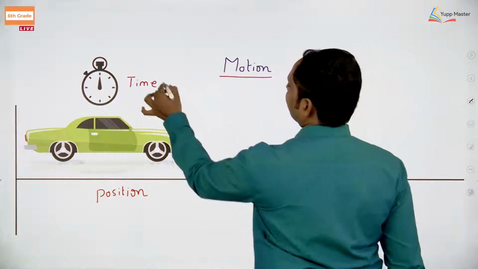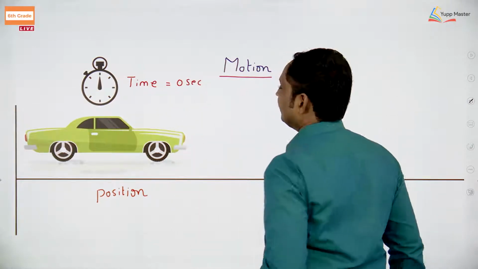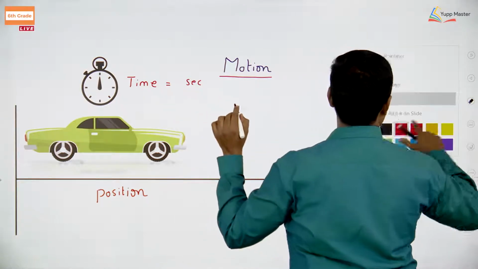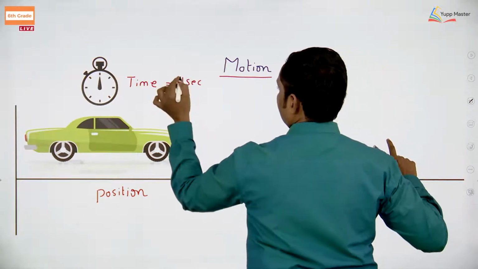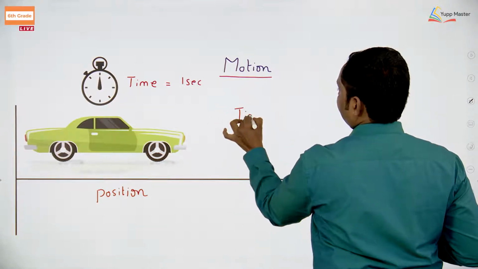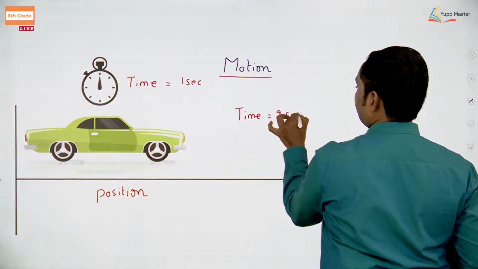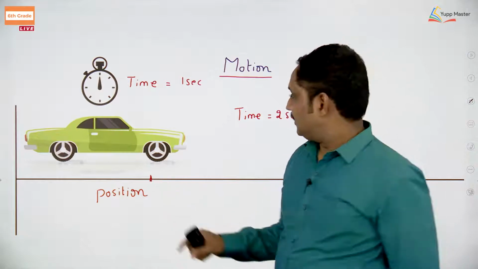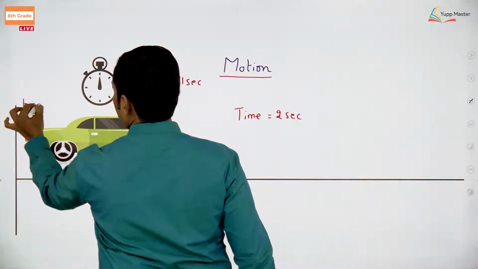So, at time t equal to 0 second, or let us take 1 second, right, 1 second, it is there. If you take time t equal to 2 seconds, it is at a particular position. Do you know how to measure the length? All right, this is at t equal to 0 second.